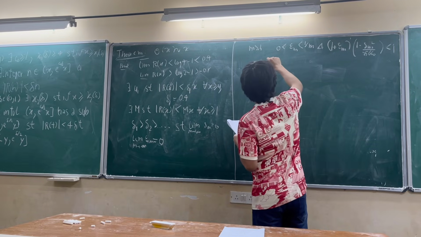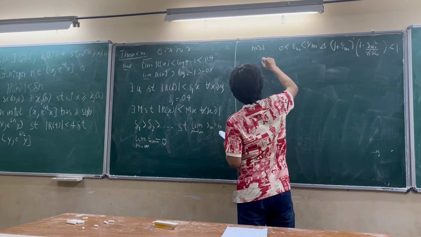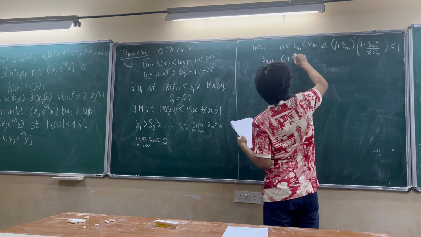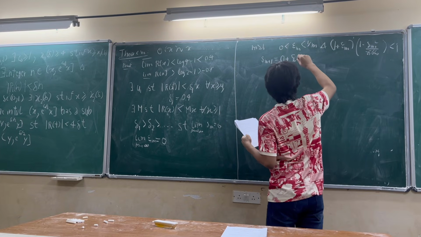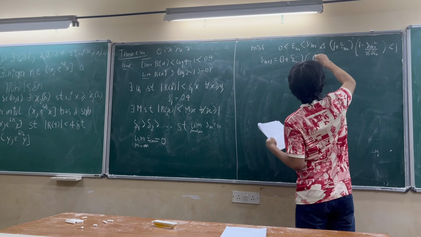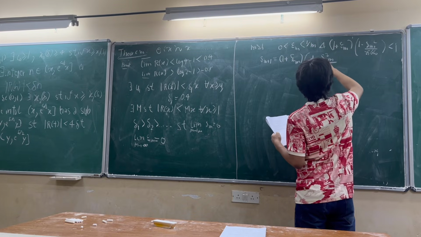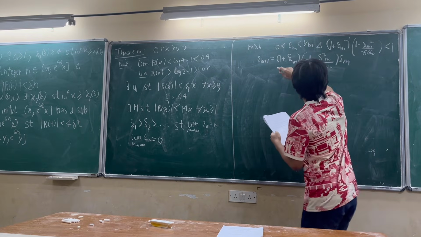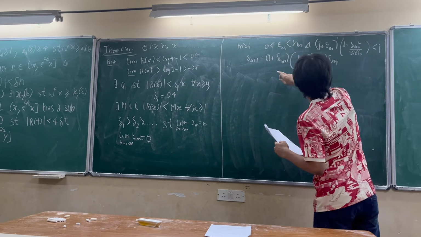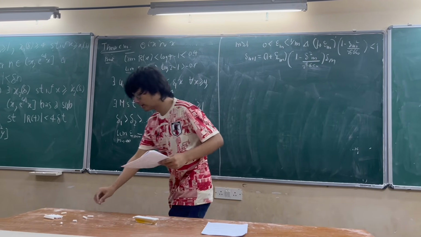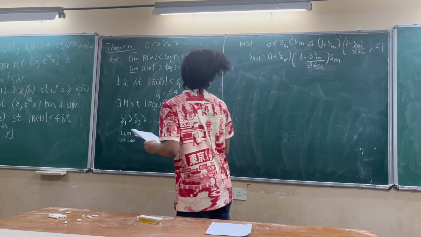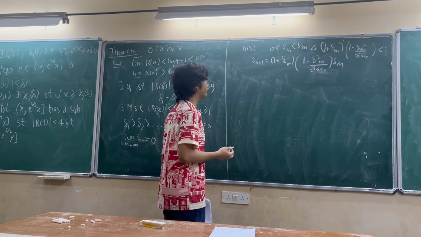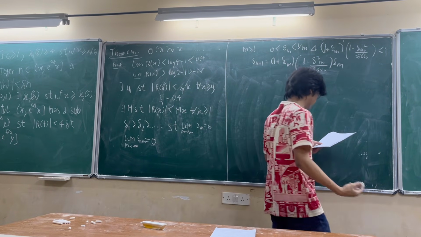Alright, and you let delta m plus 1 be equal to 1 plus epsilon m times 1 minus delta m squared by 256 c naught, times delta m. Now since this is by choice less than 1, delta m plus 1 is strictly less than delta m, and that gives you a decreasing sequence. And you can clearly see that if epsilon m tends to 0, then as m tends to infinity, delta m is also forced to converge to 0.